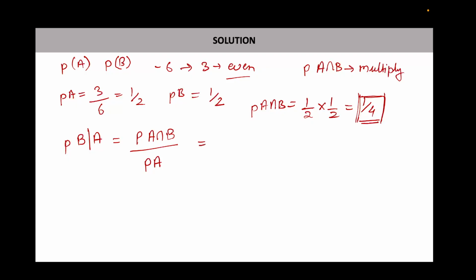Now you simply put in the values. P of A and B was 1/4, which we just calculated, and the probability of A will be 1/2. If you solve this, your answer will be 1/2. So this is the answer to your second question. The two parts of this question: the first answer is 1/4 and the second is 1/2.